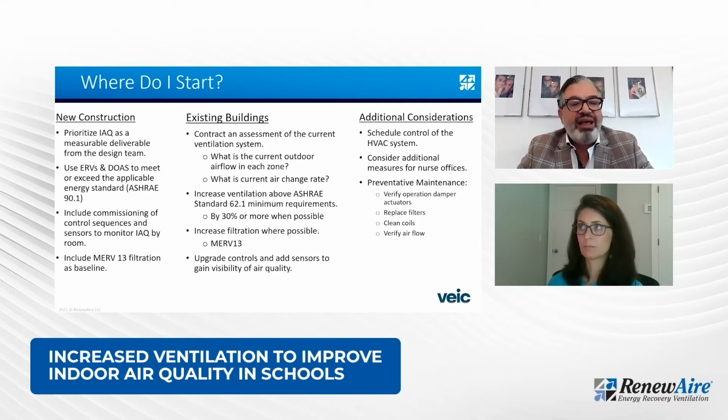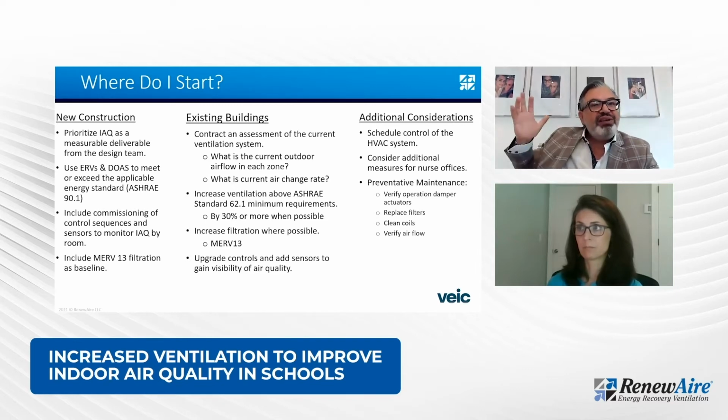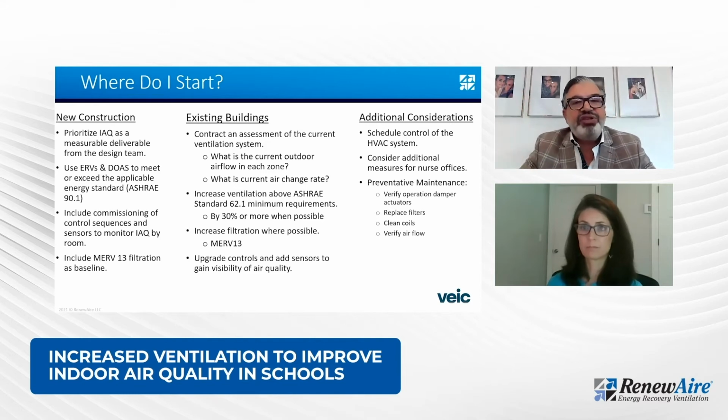Now, once again, we talked about increasing outdoor air. There are cognizant authorities such as WELL, Passive House, LEED, that give you recommendations to go above the minimum requirements. But once again, you also have ASHRAE 90.1, which is right there on the side saying, hey, you've got to be careful on your energy.